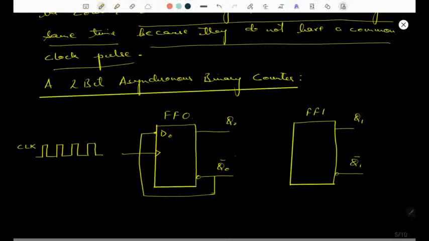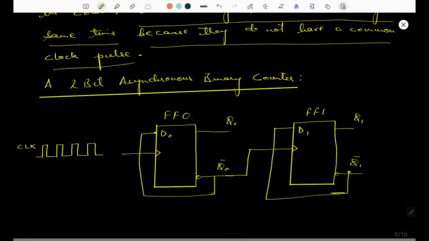We have already told you that in an asynchronous counter, the output Q0 bar should be given as the clock pulse for the second flip-flop. So this should be connected like this. This should be the clock pulse for flip-flop 1. And in a similar manner, D1 is connected to Q1 bar like this.